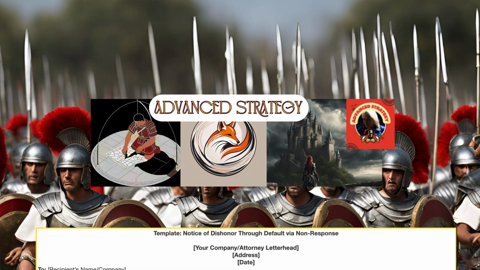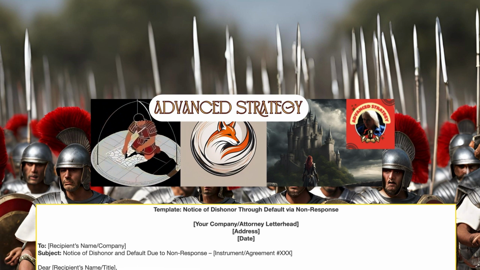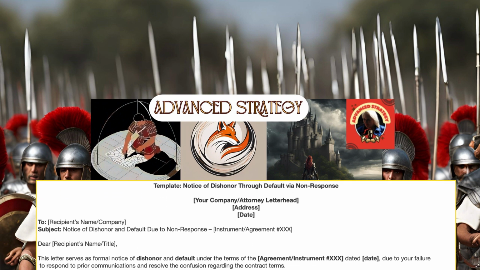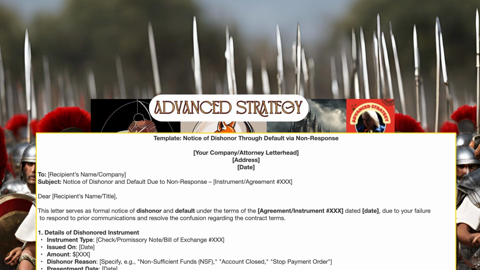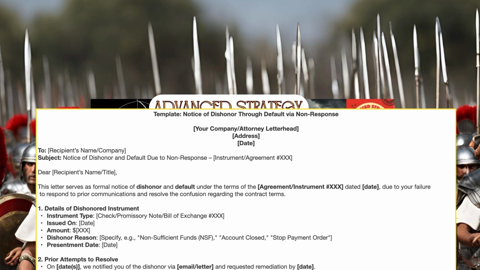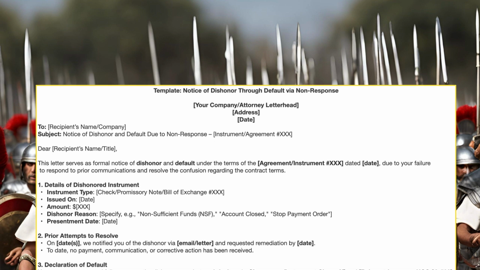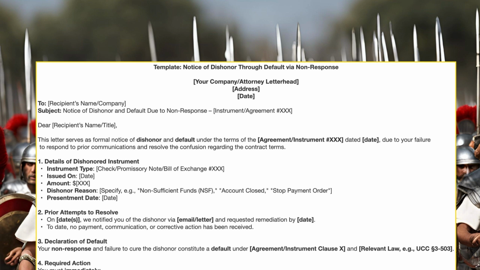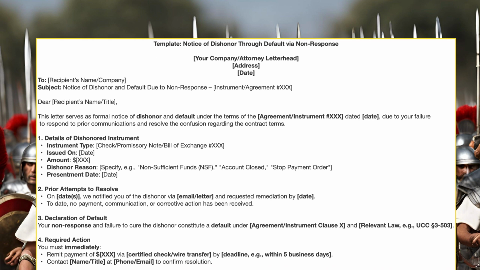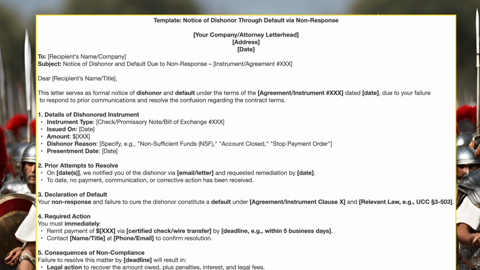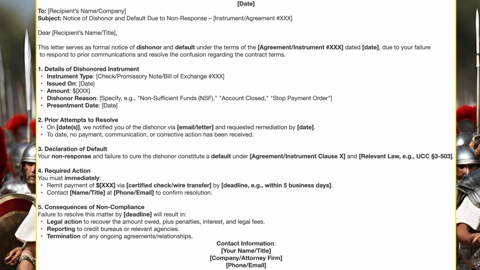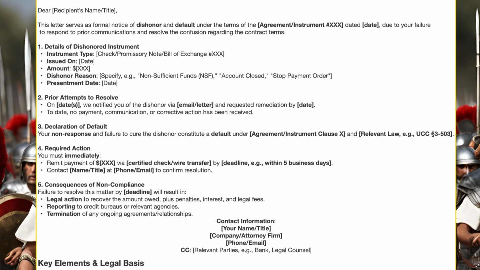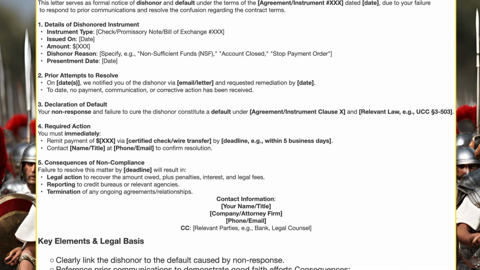Now, this is a template or another sample of the notice of dishonor through default via non-response. This letter serves as formal notice of dishonor and default under the terms of the agreement or under the terms of the letter that was sent due to your failure to respond to prior communications and resolve the confusion regarding the contract terms. Because if they can't explain the contract to you, then it's not binding on you.